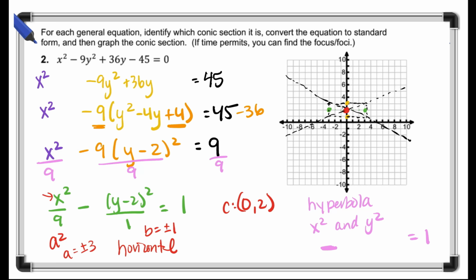Now your vertices, which were the positive, are on the x, so your vertices are what we plotted here in the green color. So now what we can do is take our green vertices there and make our branches for our hyperbola.